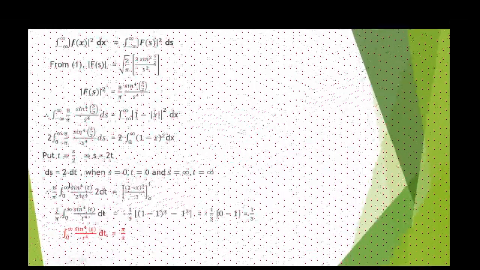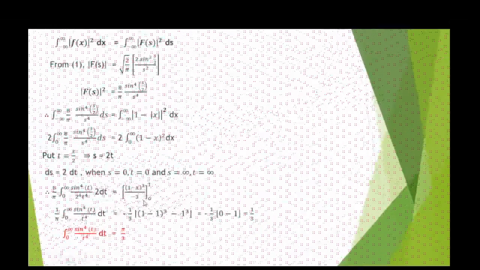So 8 by pi integral 0 to infinity sine power 4 t divided by 2 power 4 t power 4. S power 4 is there, and the value for s is 2t, so 2t whole to the power 4. ds is replaced by 2 dt, which is equal to, in the RHS, 1 minus x the whole square.